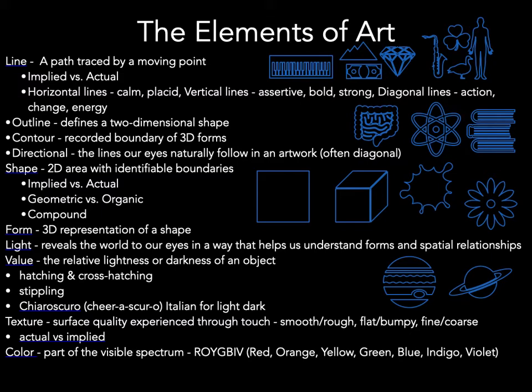We have implied shapes and actual shapes. An actual shape is the same concept as the implied versus actual line. An actual shape is continuous all the way around, just like the square here. An implied shape is like our planet Jupiter down here.